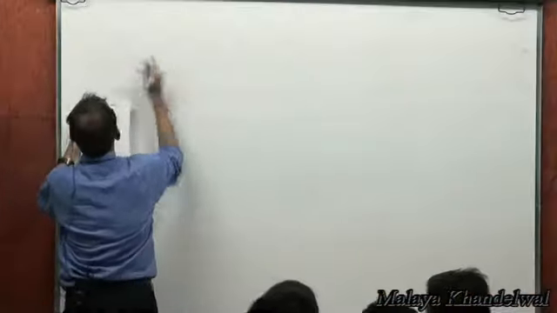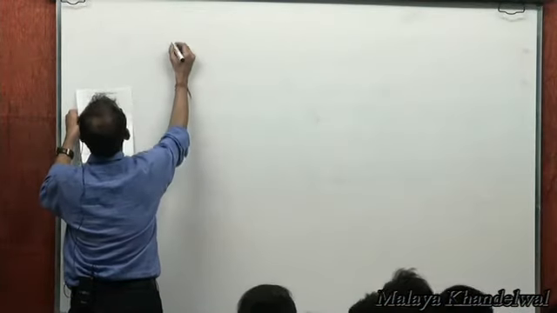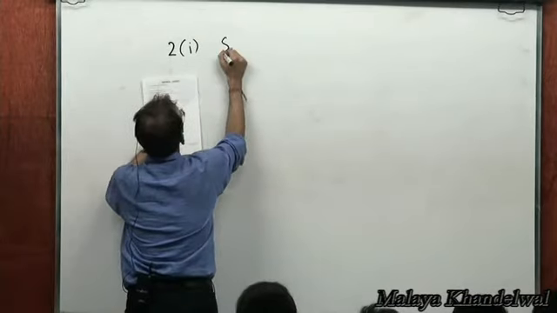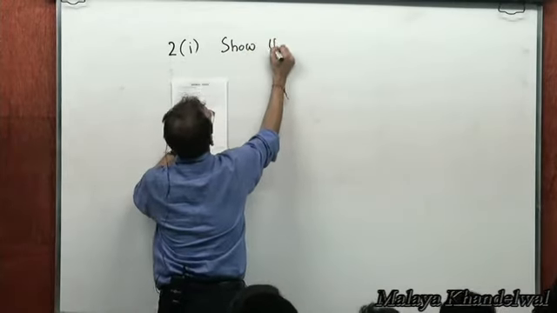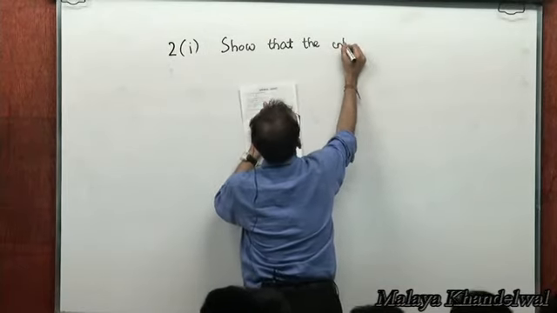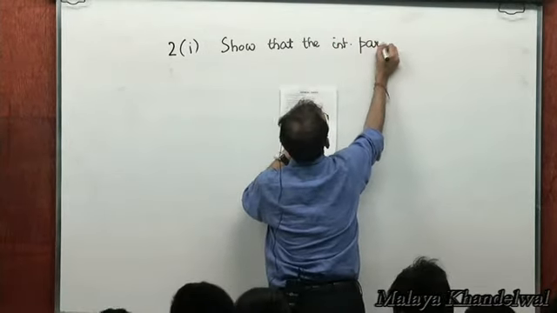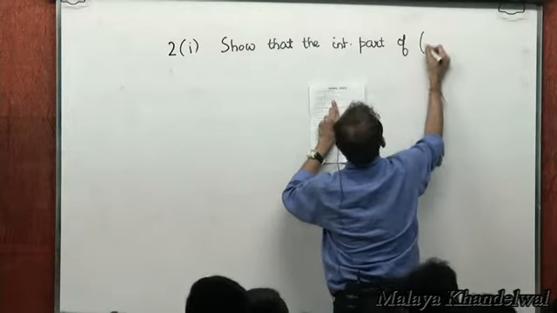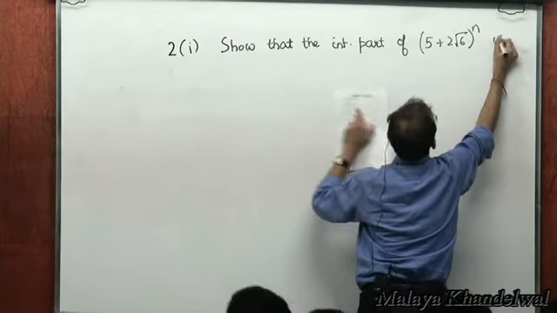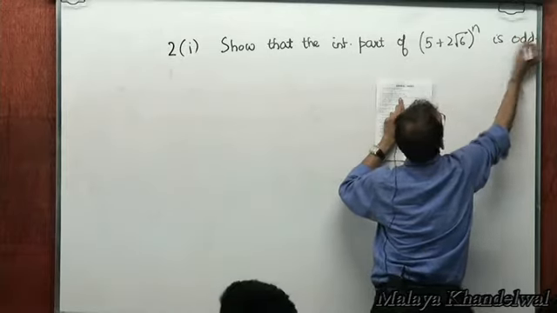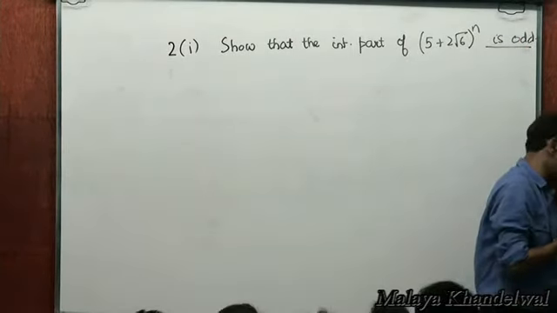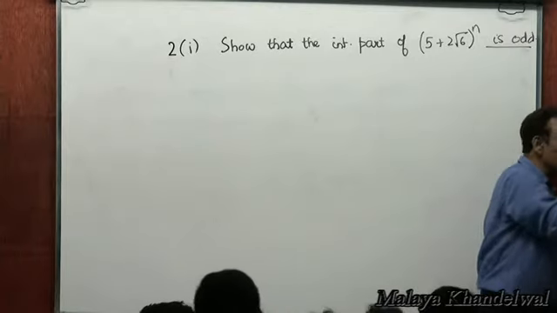Refer to the sheet, Binomial Basics 2 part 1, which says show that the integer part of (5 plus 2 root 6) whole to the power n is odd. We want to show that the integer part of (5 plus 2 root 6) to the power n is odd. Let's figure out what it really means first. Let's understand what it means.